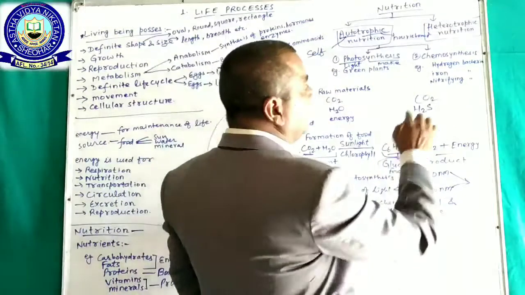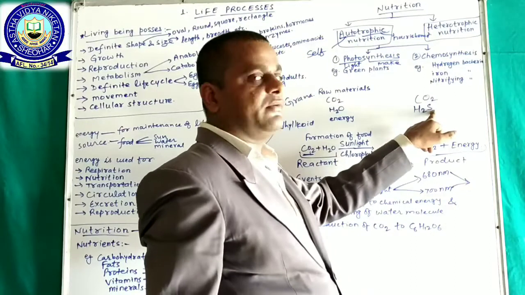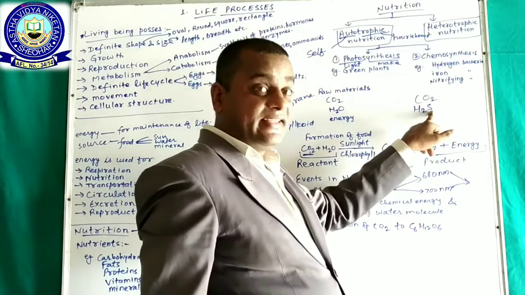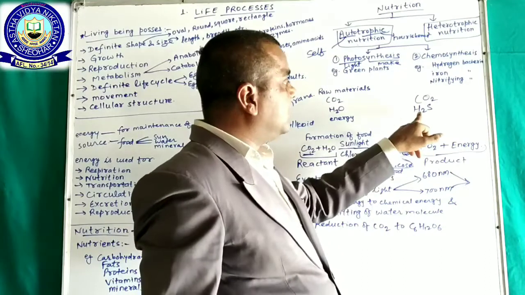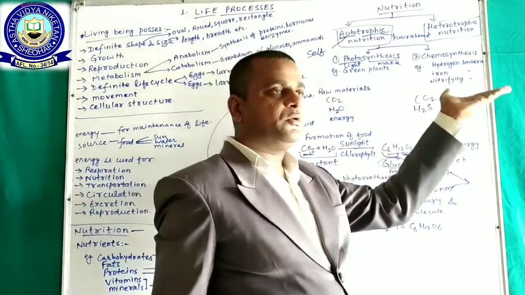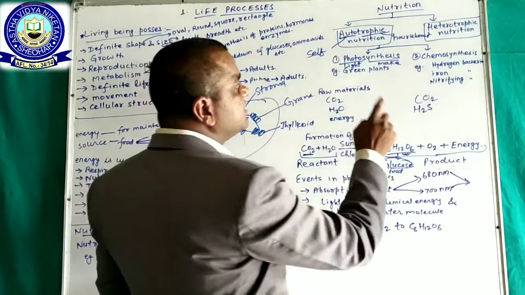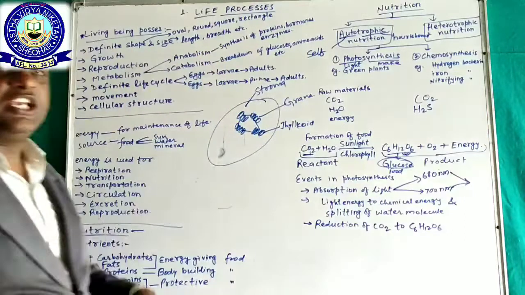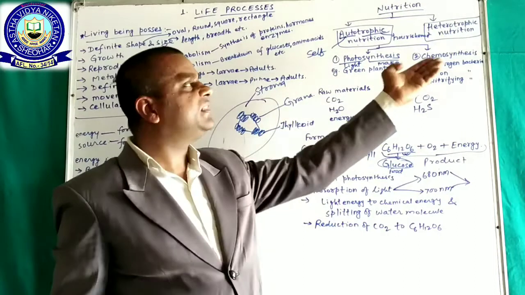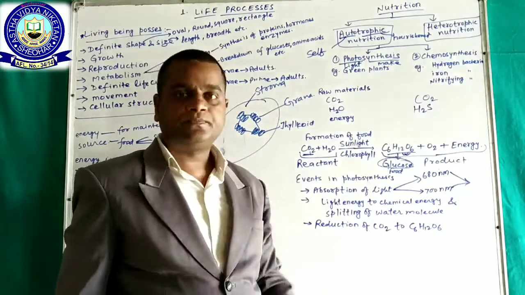So here bacteria need hydrogen from sulfur. That's why they break the H2S into hydrogen and sulfur, and by this process they make their own food. In this way they are called chemosynthetic organisms.